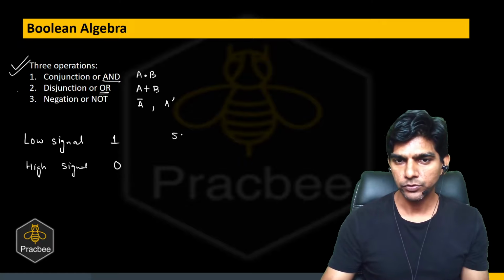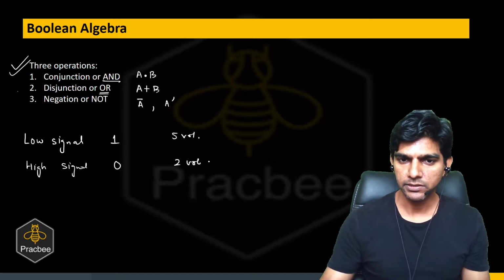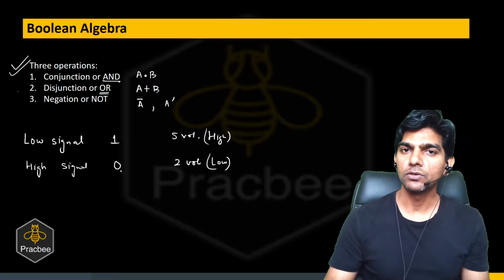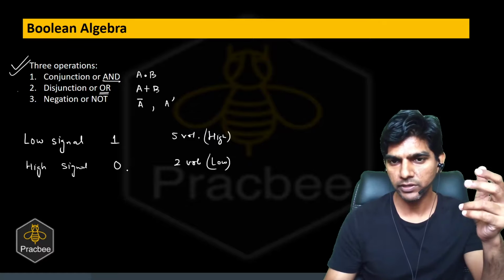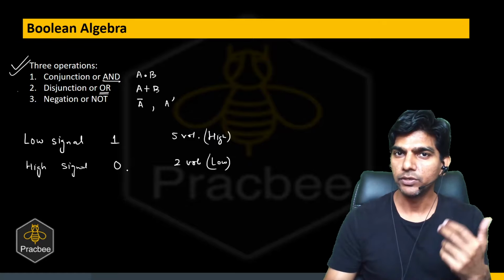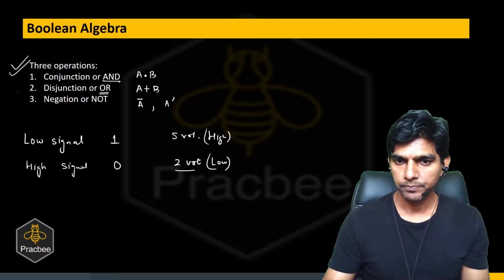Suppose if we have 5 volts and say 2 volts, only these two voltages are available, then we can say this one is low, this one is high. It doesn't mean that 0 is always 0 volts. There has to be some difference between the high voltage and the low voltage. Low voltage can be non-zero. So if we have 2 volts, I'll call it a low. If we have 5 volts, I'll call it a high.